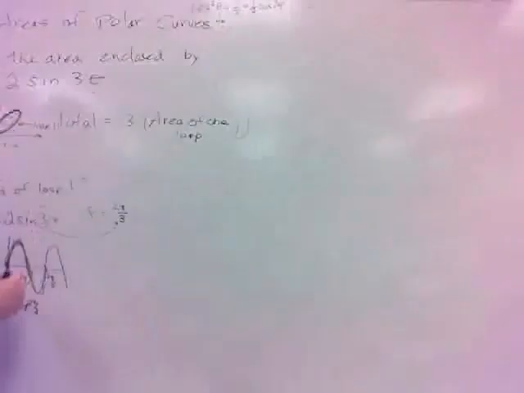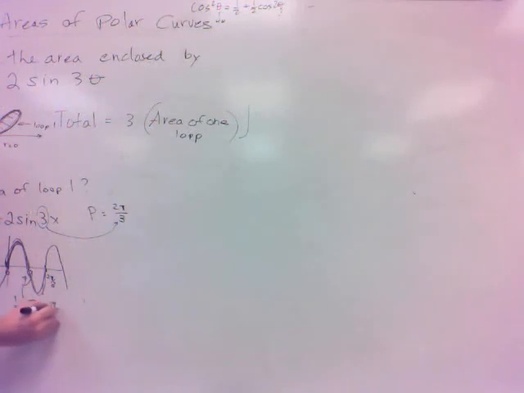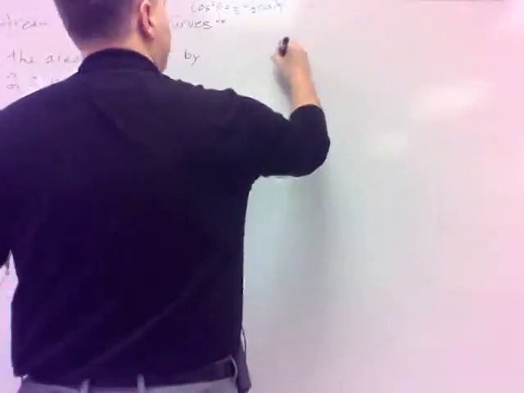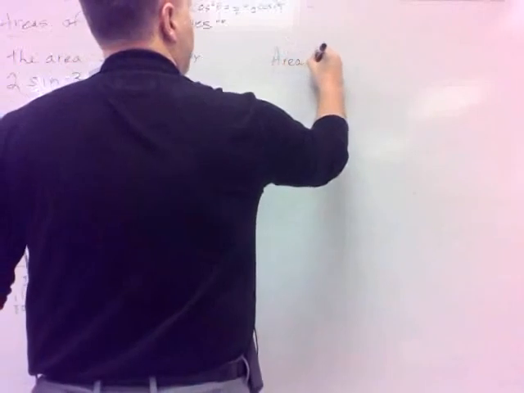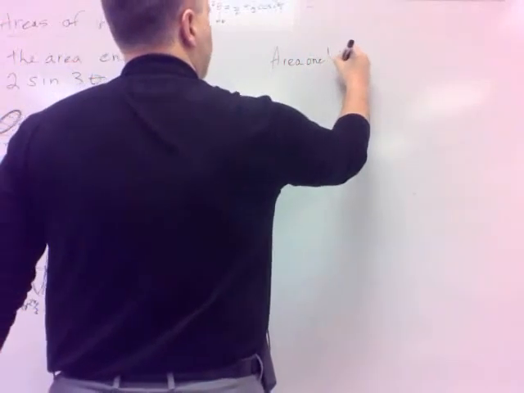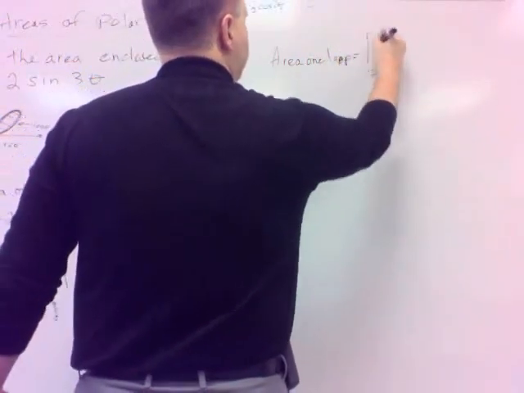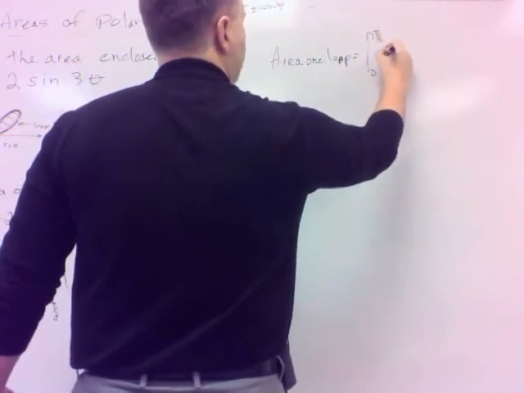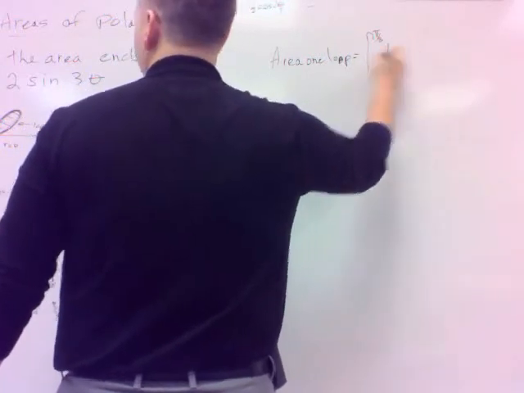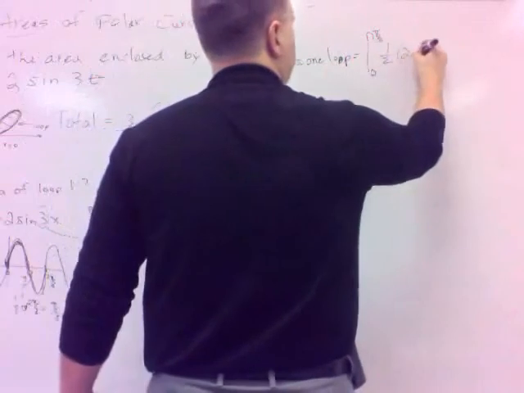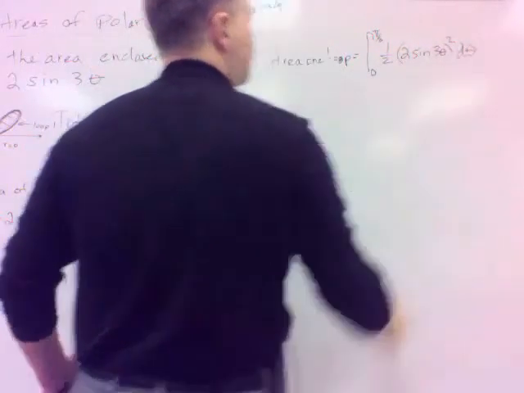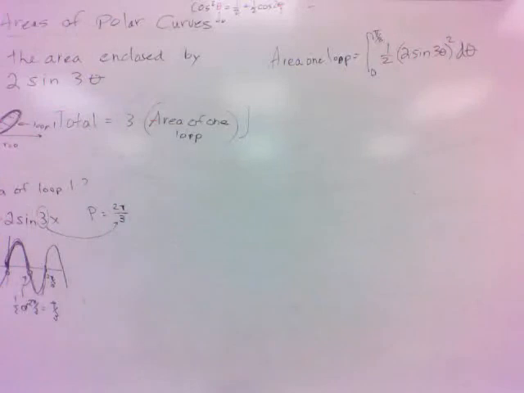All right. And the other thing is, in this case, I'm going from 0 to pi over 3. Right? So one loop is the integral from 0 to pi over 3 of 1/2 r squared, which is sine 3 theta squared, d theta. Okay?